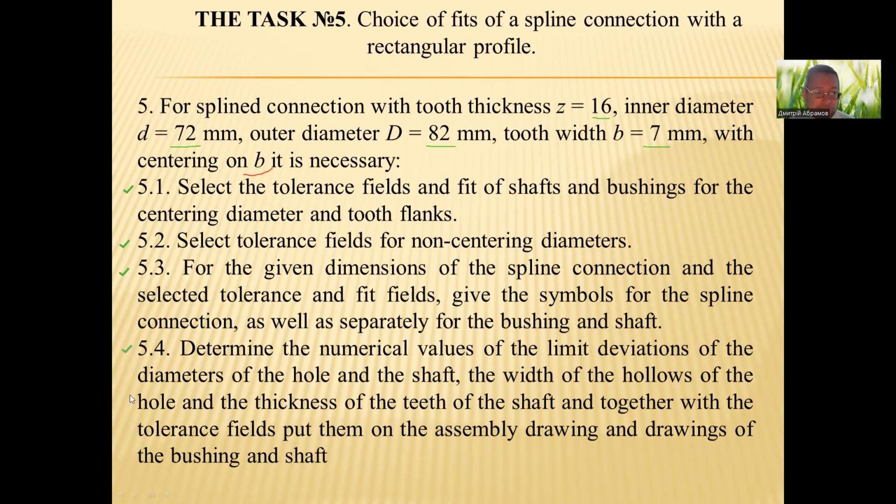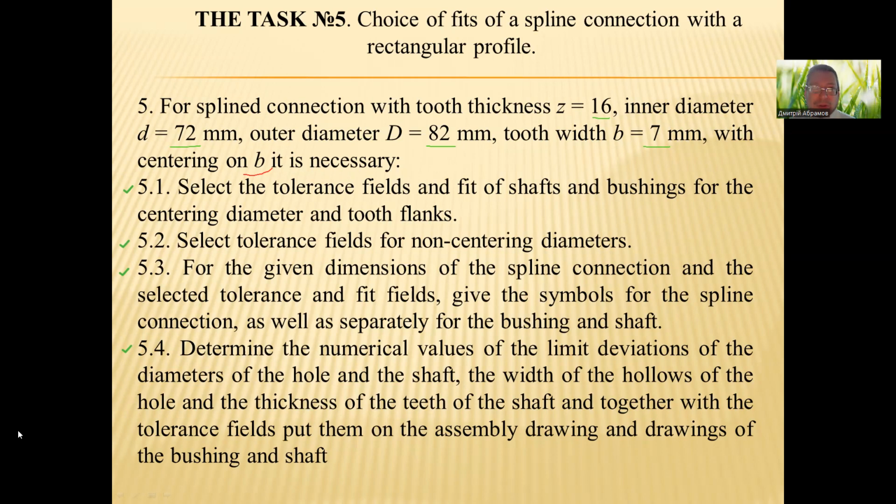And 5.4: determine the numerical values of the limit deviations of the diameters of the hole and the shaft, the width of the hollows of the hole, and the thickness of the teeth of the shaft, and together with the tolerance fields, put them on the assembly drawing and drawings of the bushing and shaft.